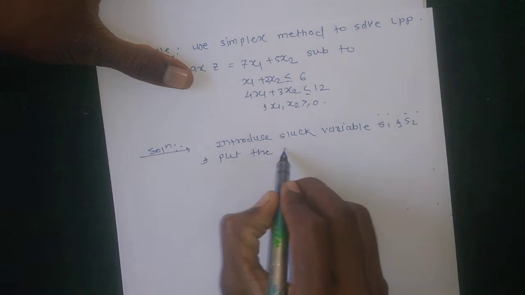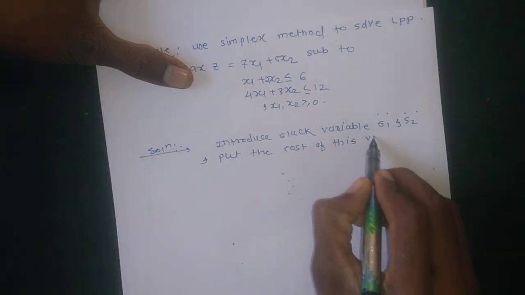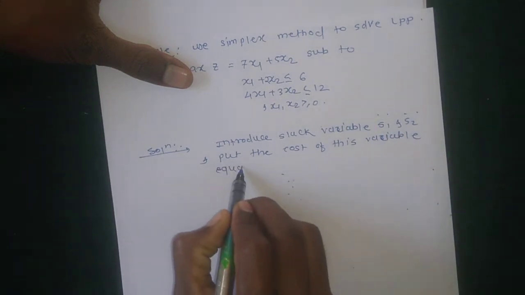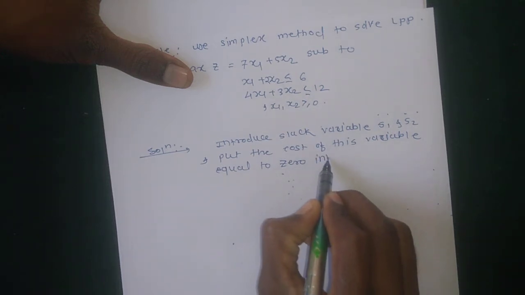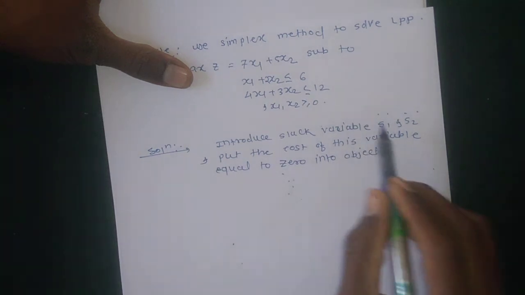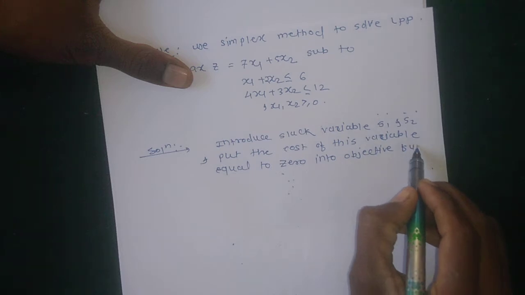Put the cost of these variables equal to 0 in the objective function.